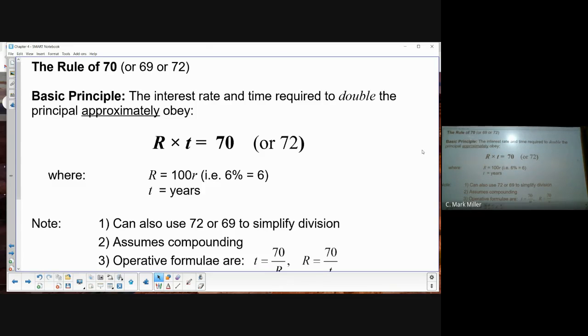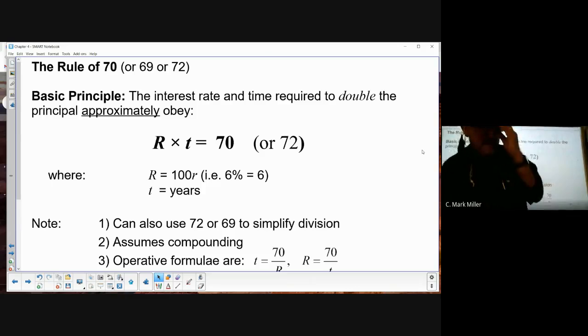It's called the rule of 70, and I'm going to add 69 or 72. Sometimes you see the rule of 72. 69 is a secret. Okay, I'll tell you why in a minute. It gives you the time required to double your money at a given interest rate.